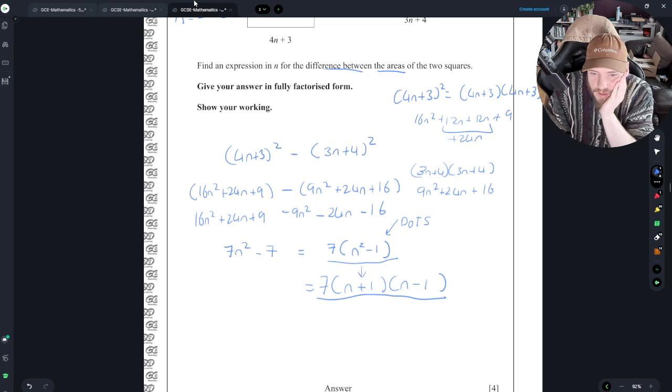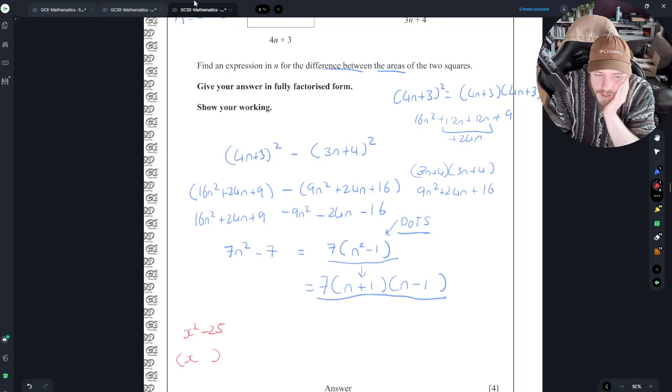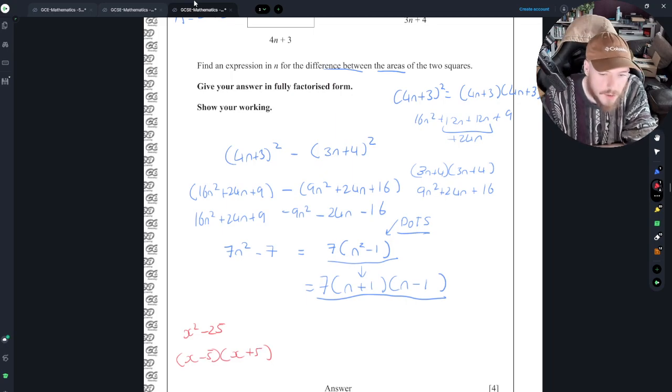If not, if the examiner is looking for you to determine, oh, this is the difference of two squares, just in case you don't know what the difference of two squares is, for example, x squared minus 25, if we have any squared number, no x term, but we've got an x squared term, we can simply write the plus and minus of this squared term into our two brackets.